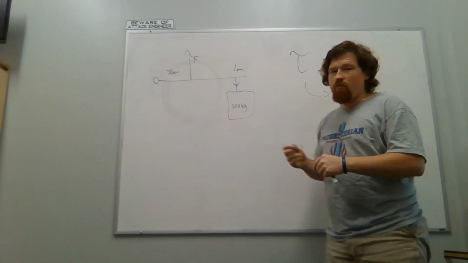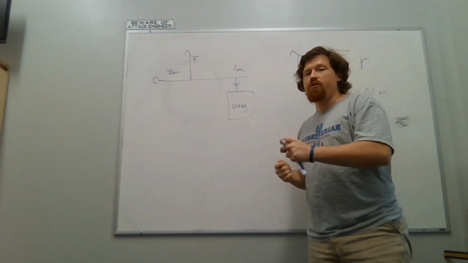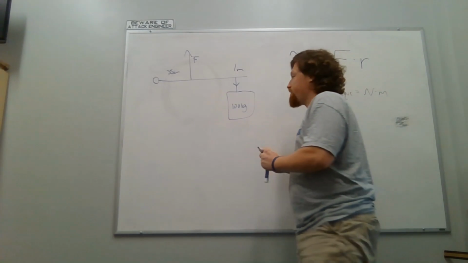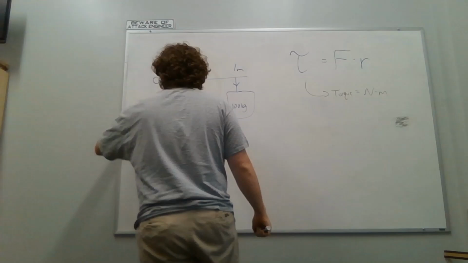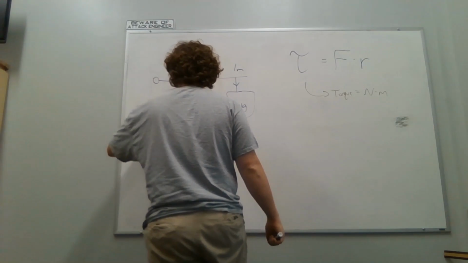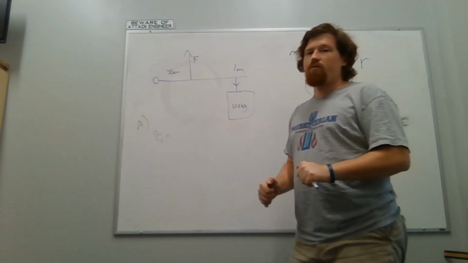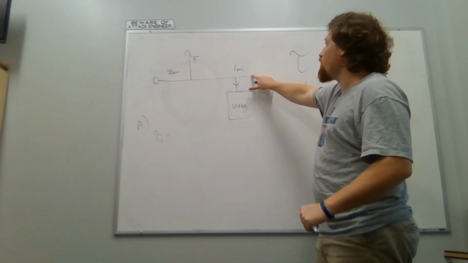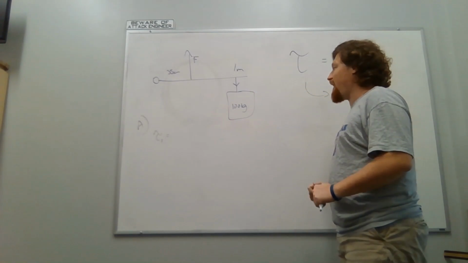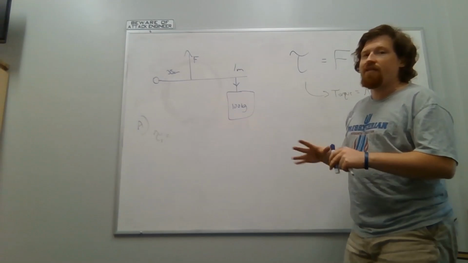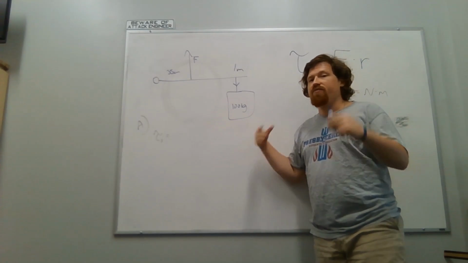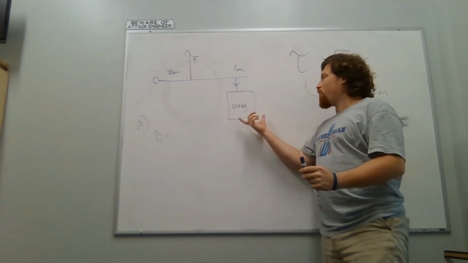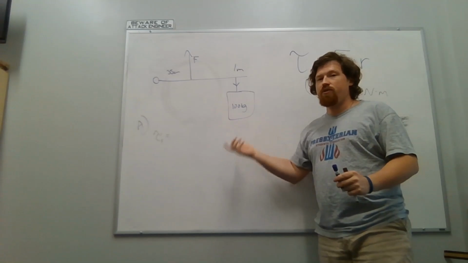So, question 1, how much torque is produced by the hanging mass? So, part A, we're going to find torque 1. It's going to be equal to the force pulling down on this rod by this mass. Now, the reason that there's going to be a force pulling down is because of gravity. The force pulling down on this mass is going to be equal to gravity.